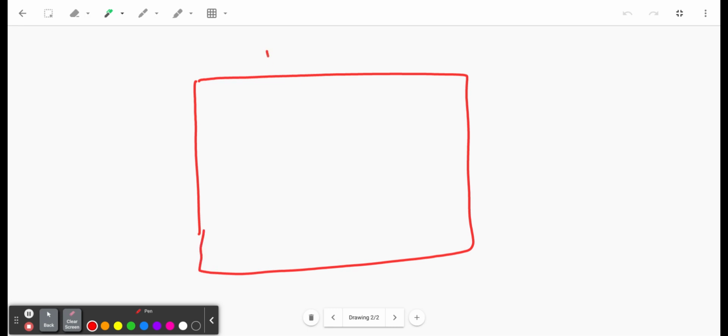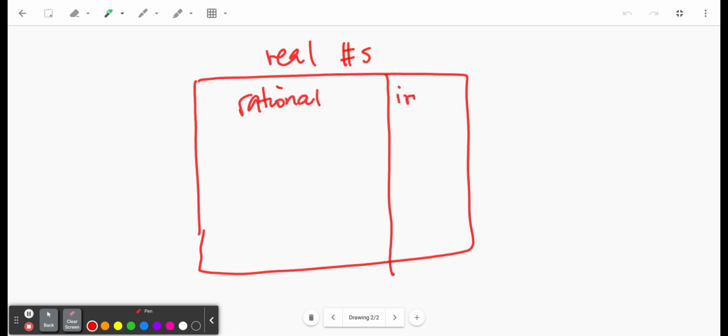Assume the entire box is real numbers. Within real numbers, we have two different subsets. One is rational, and one is irrational. Is it always going to be like that? Yes. So what are rational and what are irrational?